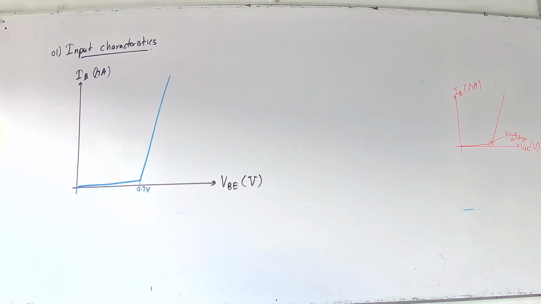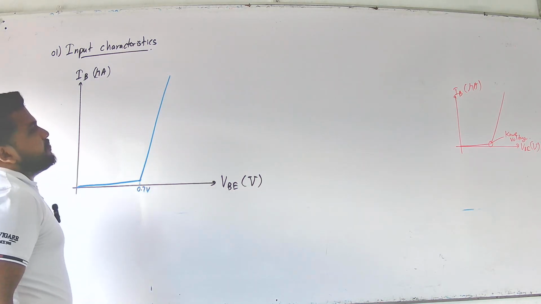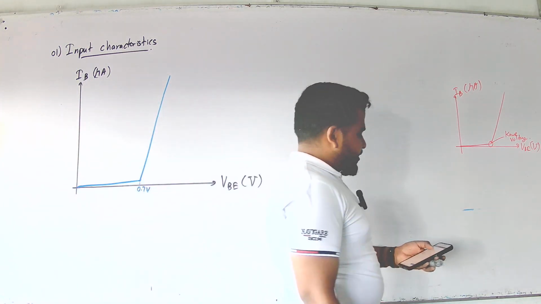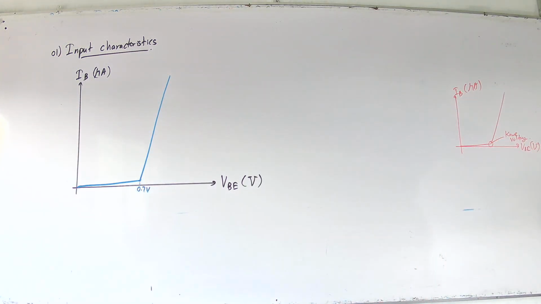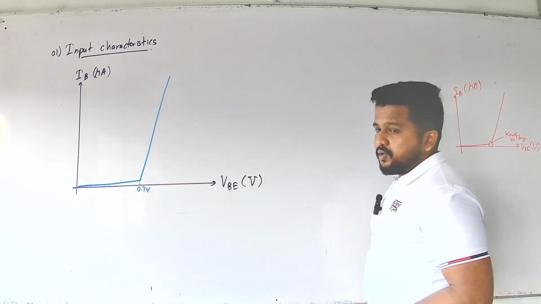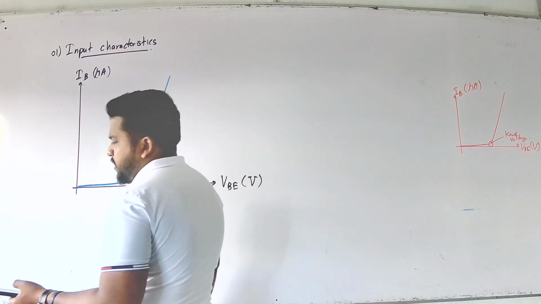This diagram is the characteristic of forward bias in PN junction.